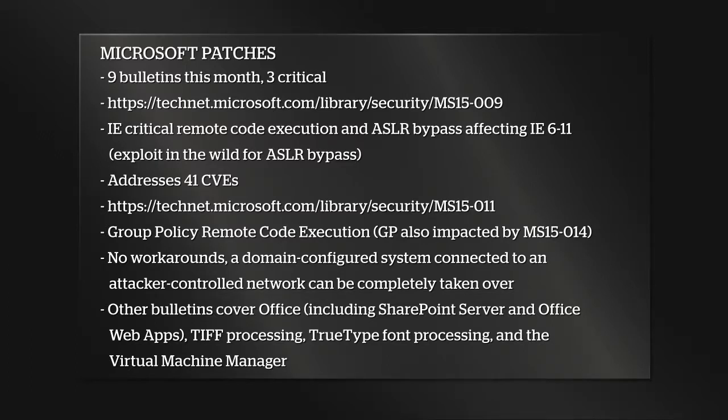There's one in there that's a TIFF processing vulnerability. It seems like these graphic format things just don't ever go away. I mean, we've been seeing vulnerabilities in those since 2006 or something. Right.